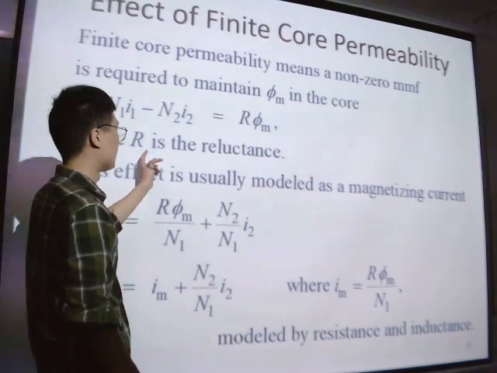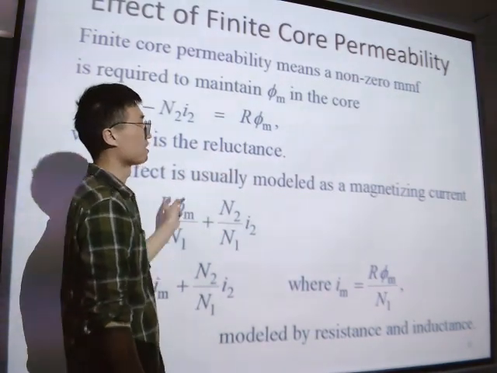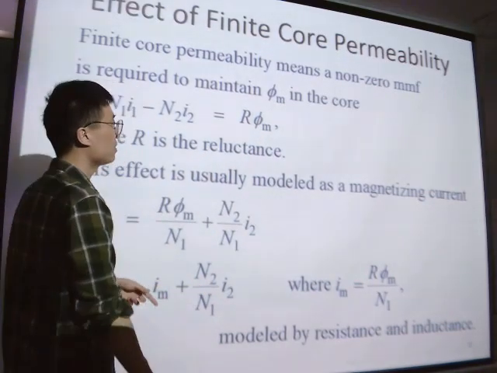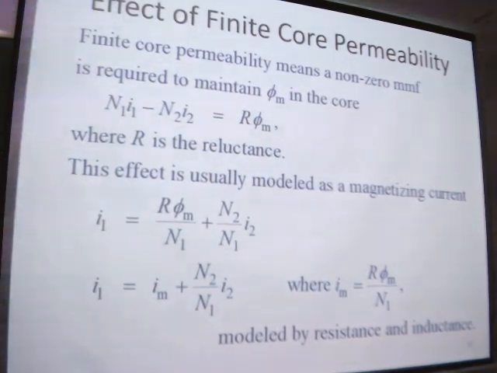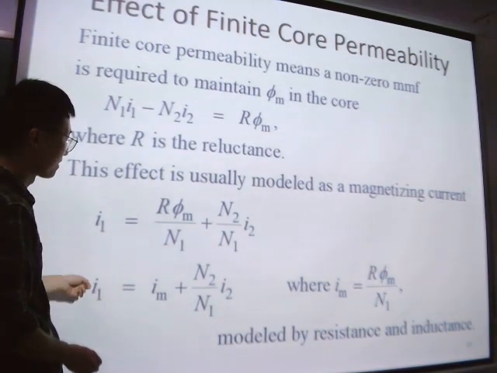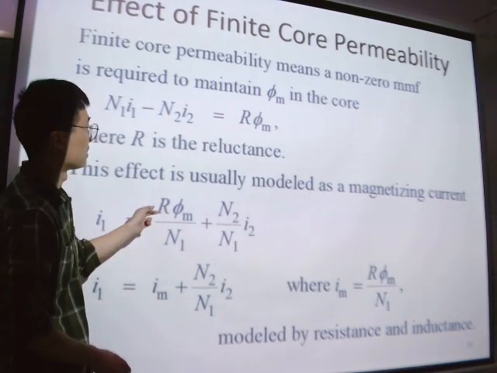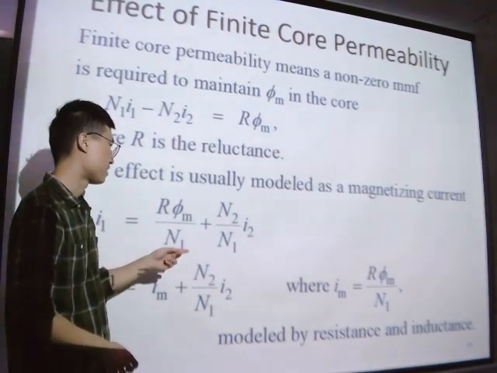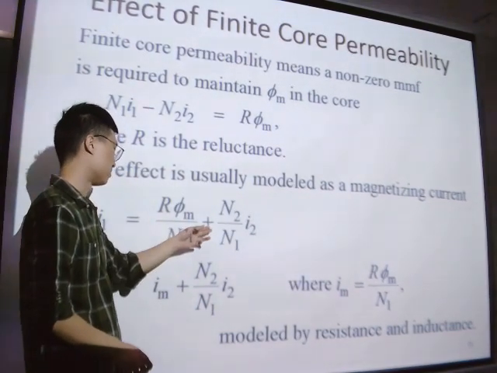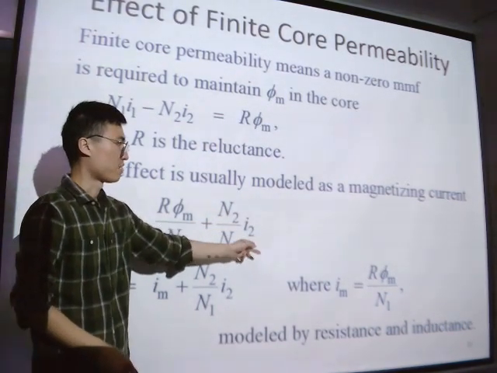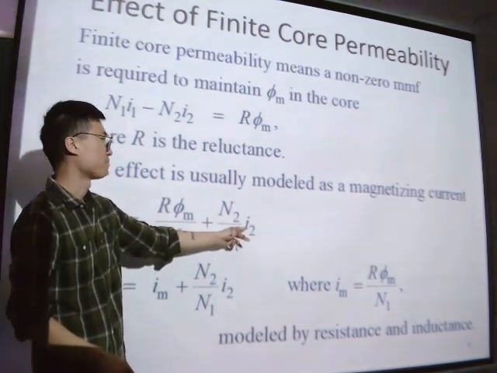We are assuming that this is the reluctance generated by this non-zero MMF. So we are going to use this magnetizing current, which is the flux in the core divided by the inductance, and also the primary side, or the transferred primary side.